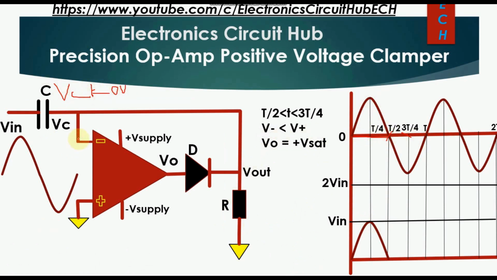Now let us assume this is the V minus voltage source here. Again if you apply the same KVL, with the polarity of this capacitor plus minus, minus Vin plus VC plus V minus equals 0 volt.